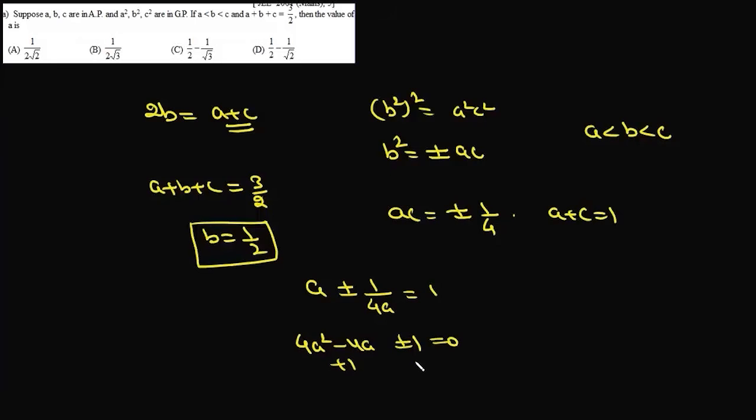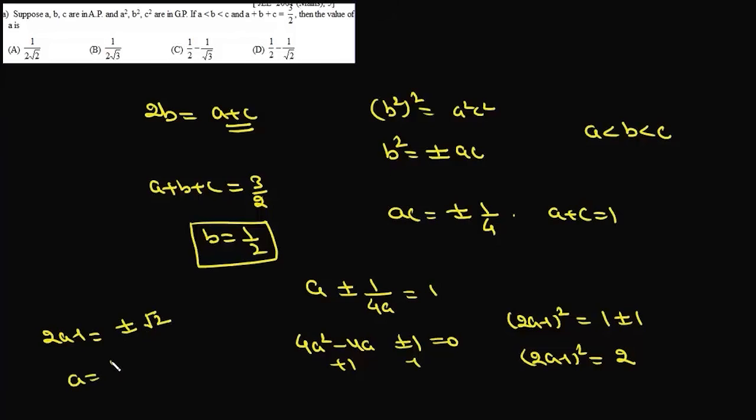And if we add 1 and subtract 1, we can write 2a minus 1 whole square equals 1 plus or minus 1. Now, if we take the minus sign, we'll get a as 1 by 2, which is the same as b, which is not possible. So we need to take the plus sign, and if we take the plus sign, we get 2a minus 1 whole square equal to 2, or 2a minus 1 equals plus or minus root 2.